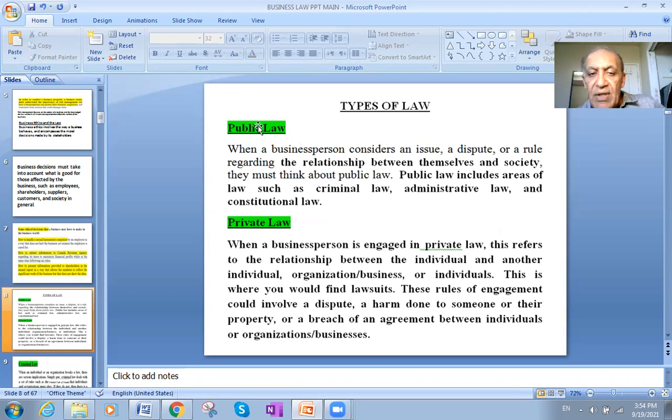For that reason, it includes criminal law, because it concerns my relationship in the society, whether I am doing crimes or whatever. Then administrative law and constitutional law, from the constitution.